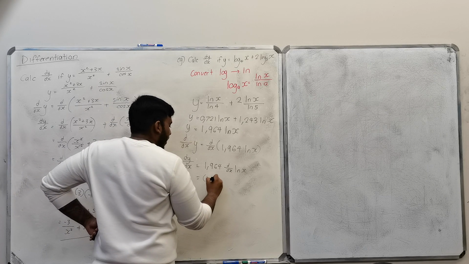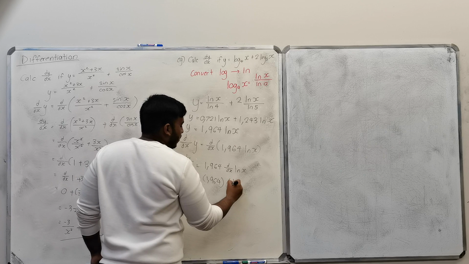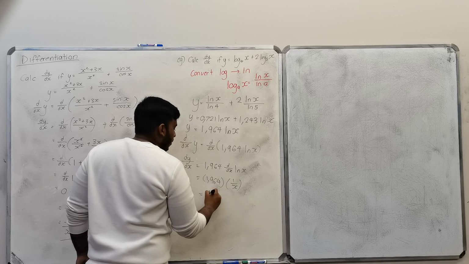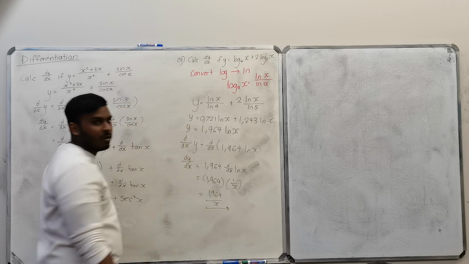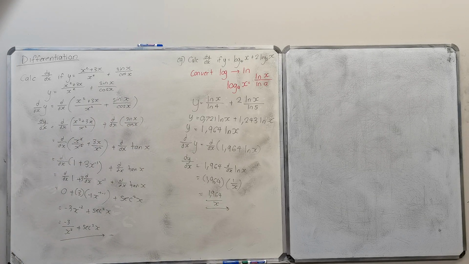So it's going to be 1.964 times 1 over x, which is 1.964 over x. This is only log 10 when you use that.